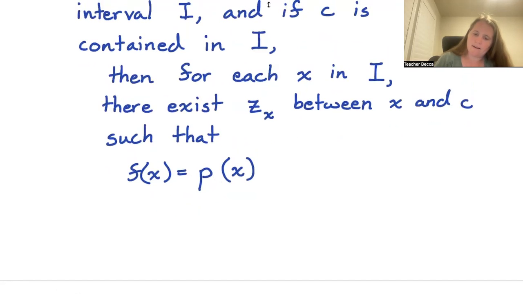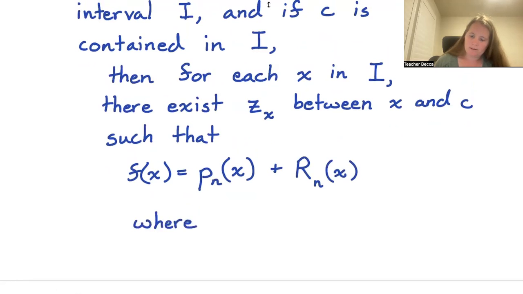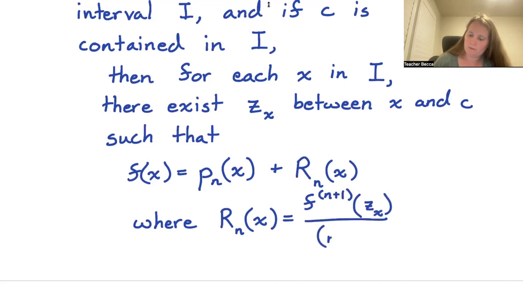I'll do that on another line, actually. So f of x is equal to Pn of x plus some Rn of x, where Rn of x is equal to the n plus first derivative of f evaluated at z sub x, over n plus 1 factorial, times x minus c raised to the n plus 1.